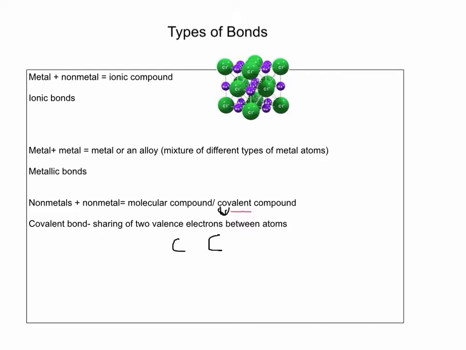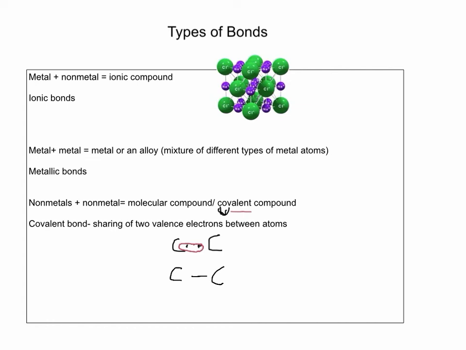So the way they will be bonded is with a pair of electrons. These two electrons are going to be shared between the two carbon atoms. And since both of these electrons are needed by both atoms to complete their octet, they are going to form a stable bond. We can represent that covalent bond as a single line.